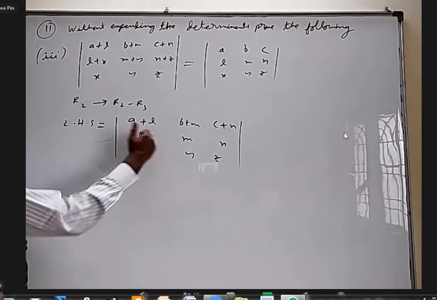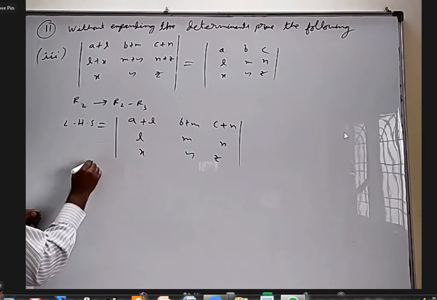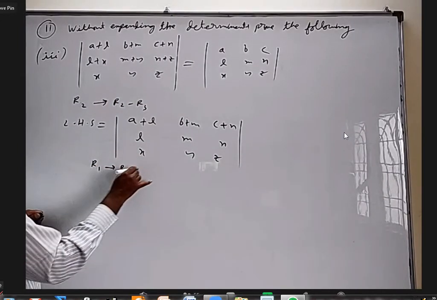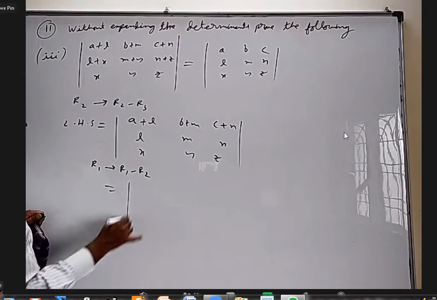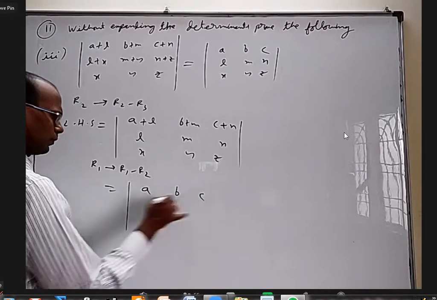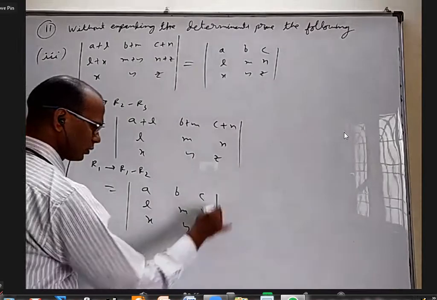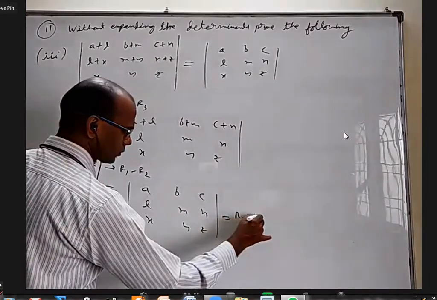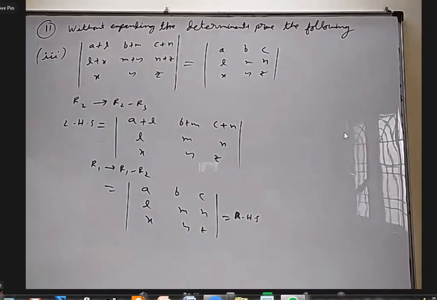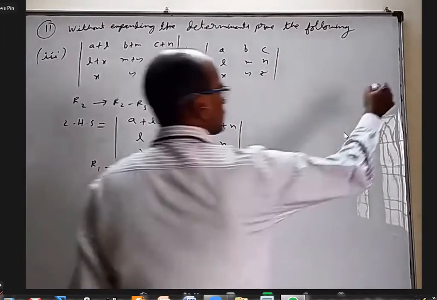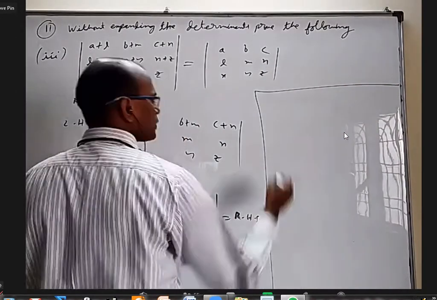Okay, now this new second row I want to remove from this. So I want to write R1 as R1 minus R2, which gives A, B, C, L, M, N, X, Y, Z, which is RHS. Okay, those are completed.